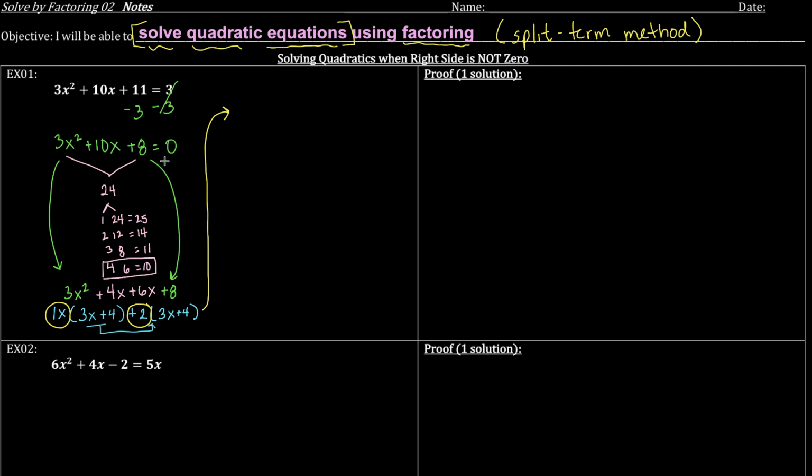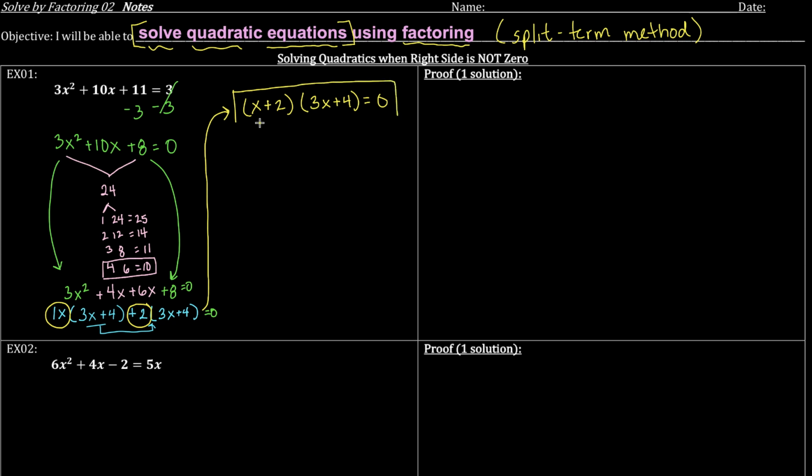I forgot the equals 0, and I forgot equals 0 here. Okay. So I'm going to rewrite this as x plus 2 times 3x plus 4 equals 0.